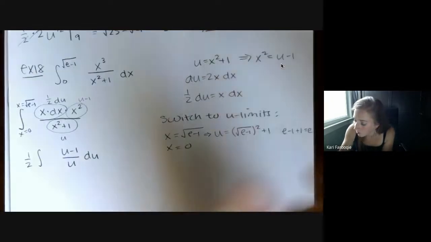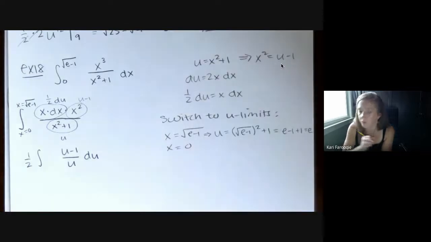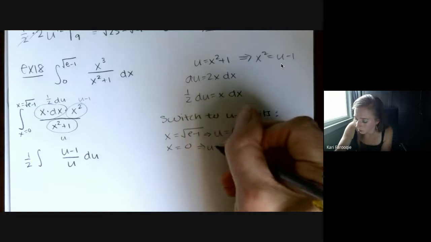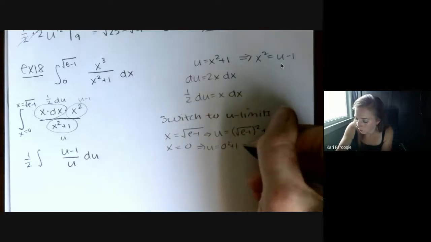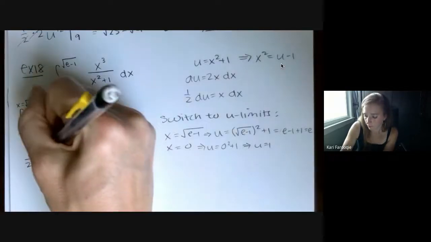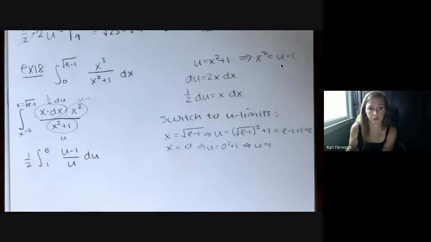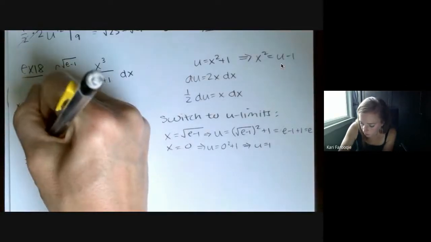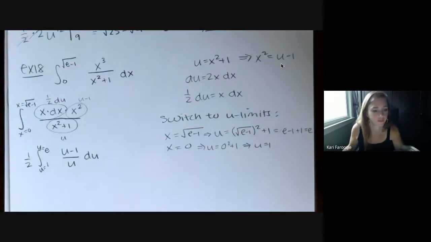I want it to be an equal sign. And then as far as 0 is concerned, well, I know that u equals 0 squared plus 1. So u is equal to 1. So I'm going to be going from 1 to e. And those are my u limits. U equals 1, u equals e. Questions on that?